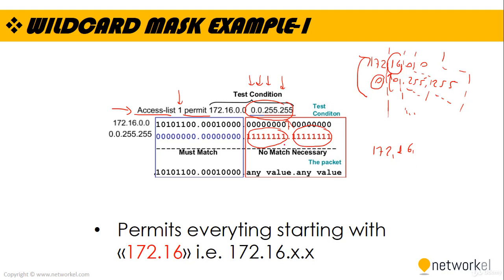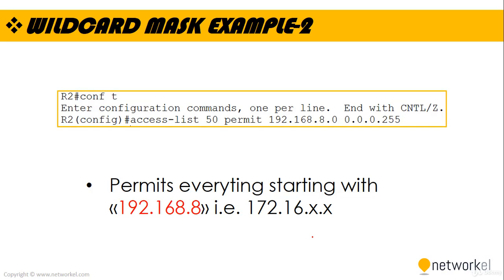So this wildcard mask means focus on everything starting with 172.16, and so that means we are permitting everything starting with 172.16. For example, 172.16.72.15, maybe, whatever you want.